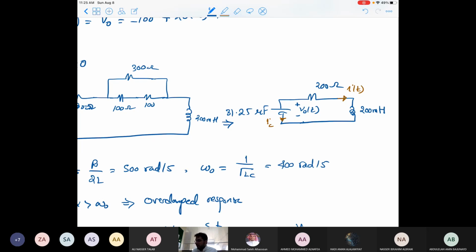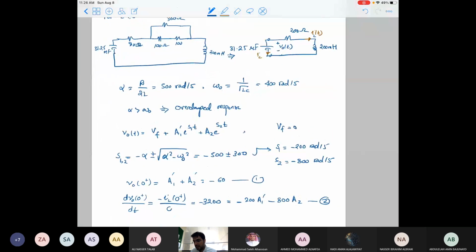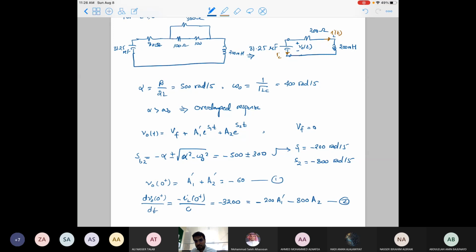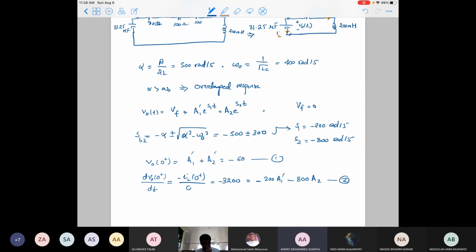We're assuming that the positive terminal is connected this way, the negative terminal that way. According to the passive sign convention, in order to have a positive current, it has to flow from the positive to the negative, right? Right. So this current flowing from the positive to the negative is going to be equal to the negative of the current passing through the inductor. Okay? Clear. That's why we have a negative here.